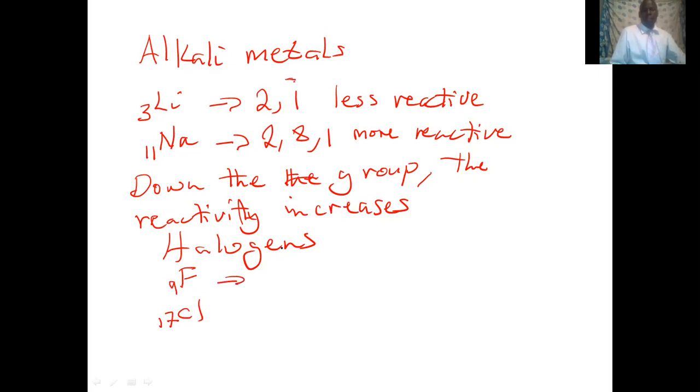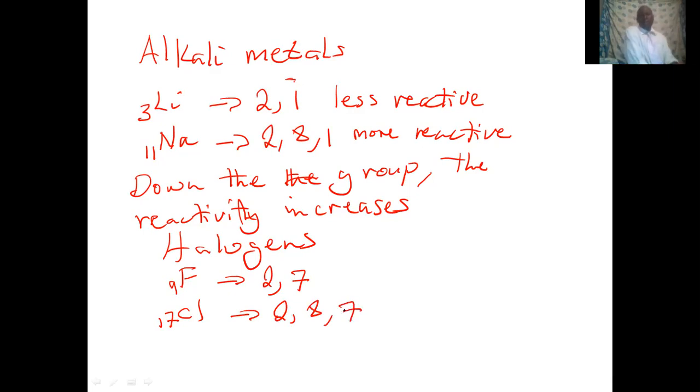Therefore, the electron configuration for fluorine is 2 and 7, and for chlorine, it will be 2, 8, 7.